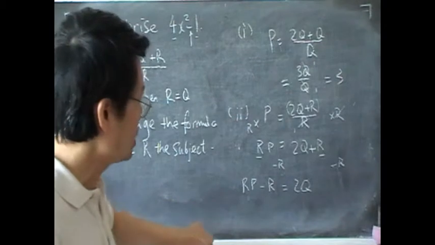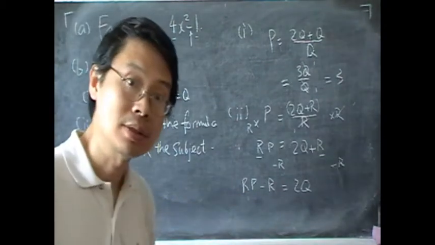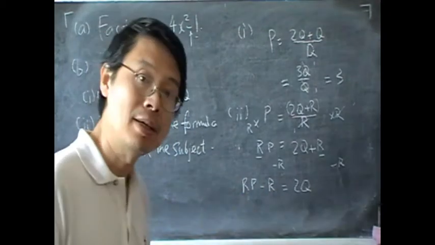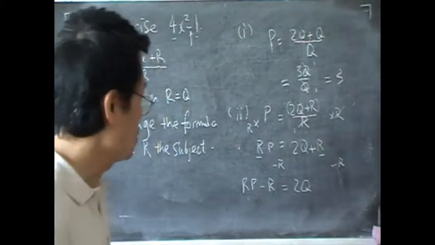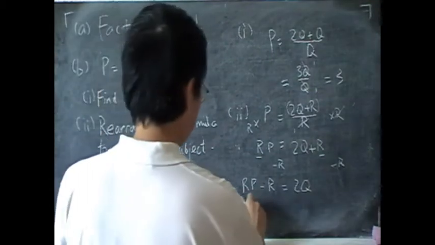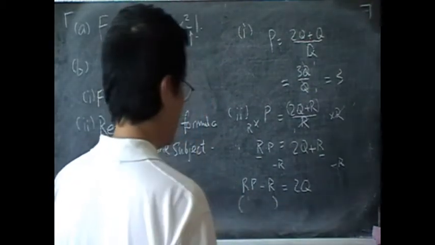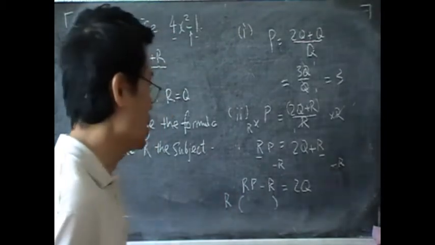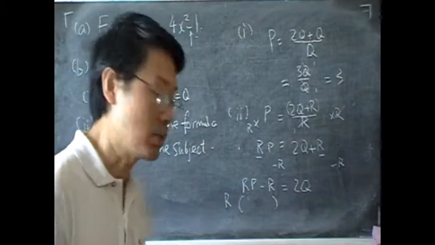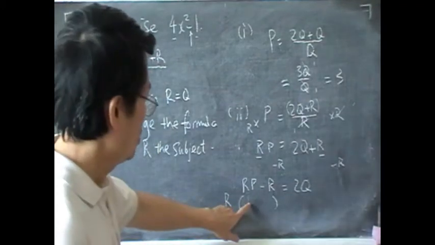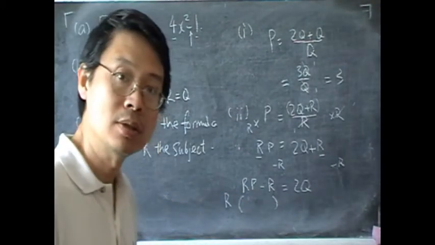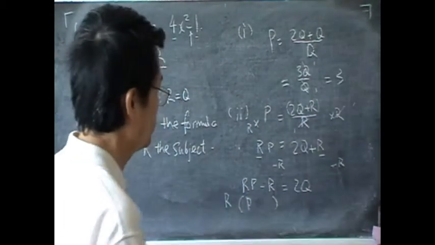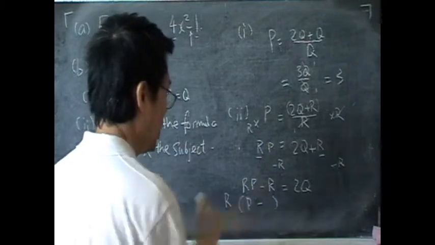In this case, we can start by factorizing the R. We have R there and R there, and we can bring them out of a bracket. Meaning, if I put a bracket around here, and I imagine taking the R's outside of the bracket, RP would be left with P, and a minus sign there.